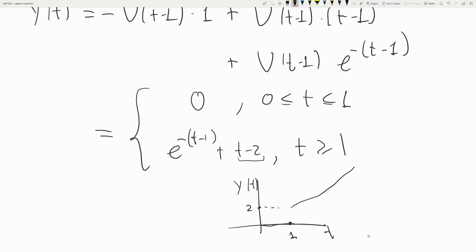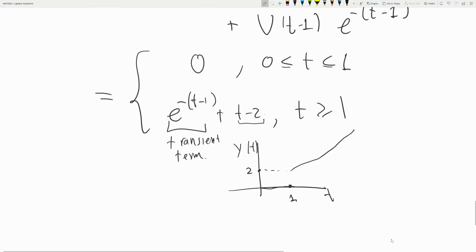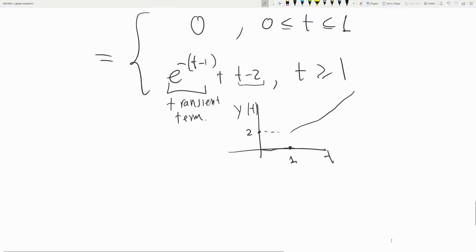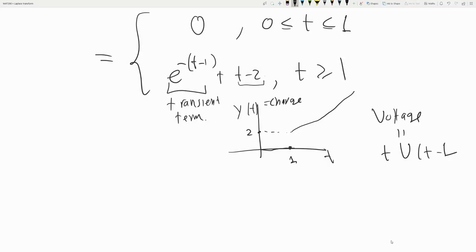Right, like this. This is a transient term. All right, good. So that's the solution for the charge, if you like. Where the voltage is of the form t u of t minus 1. Okay.